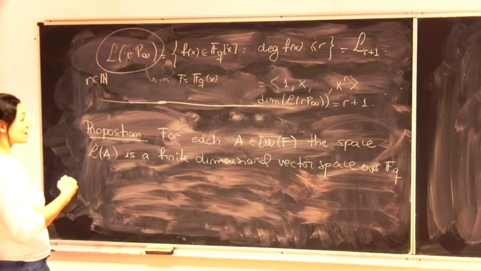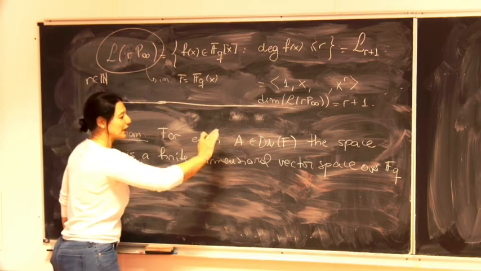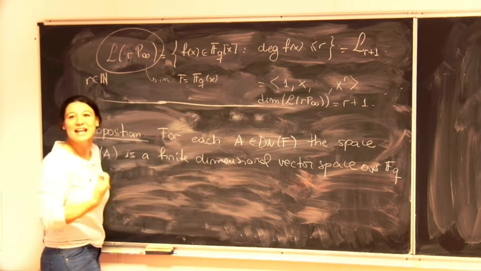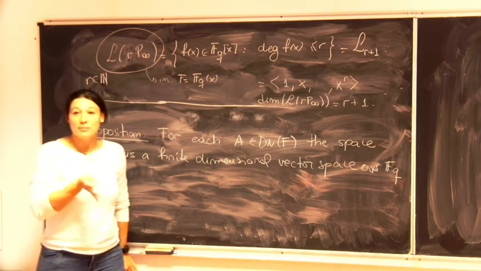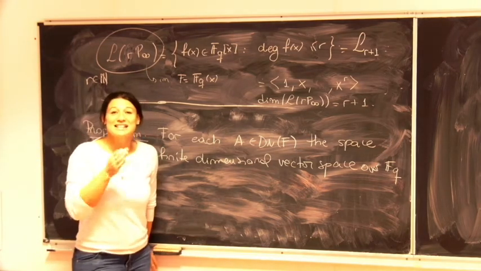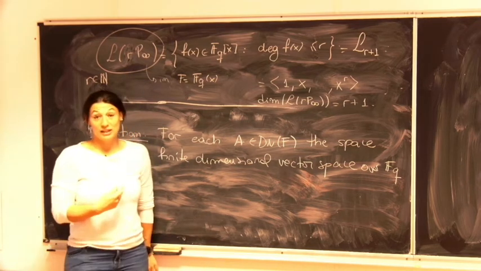And so now that we know that if I pick any divisor on a function field, I get a finite dimensional space, I can define the dimension of a divisor, and it's going to be exactly the dimension of the Riemann-Roch space associated to that divisor.